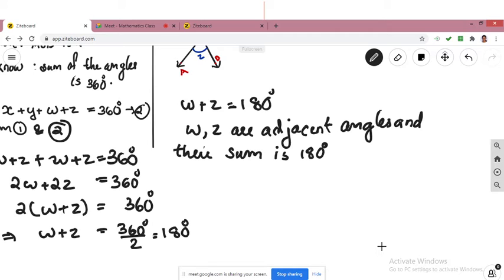Okay, now Vasanta was saying that angles W and Z are adjacent angles.